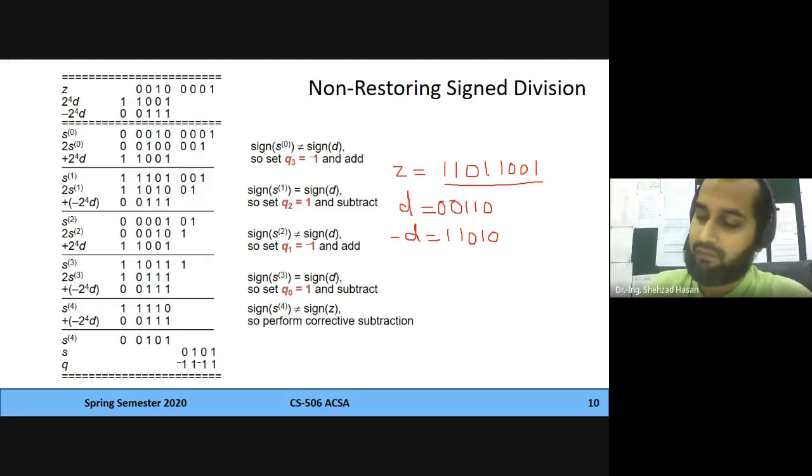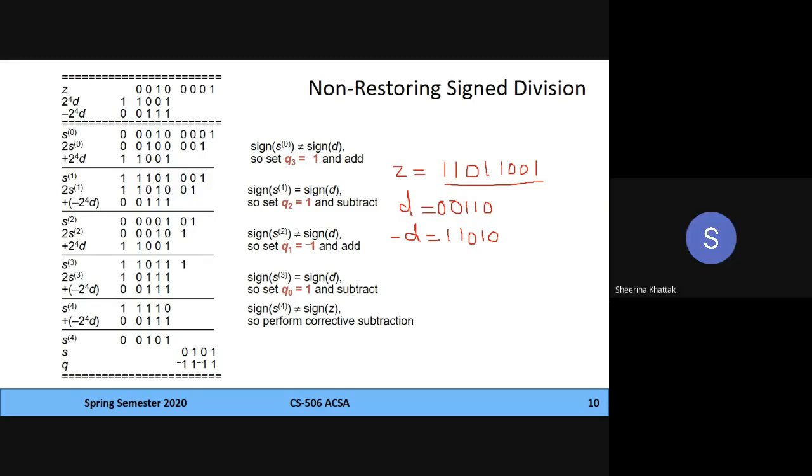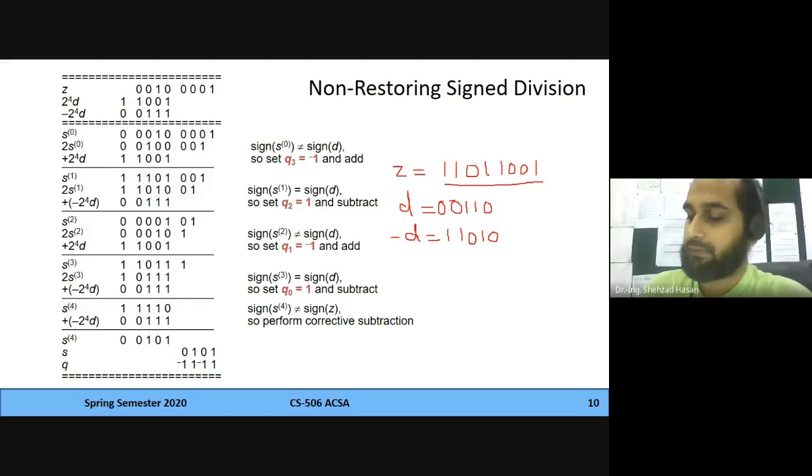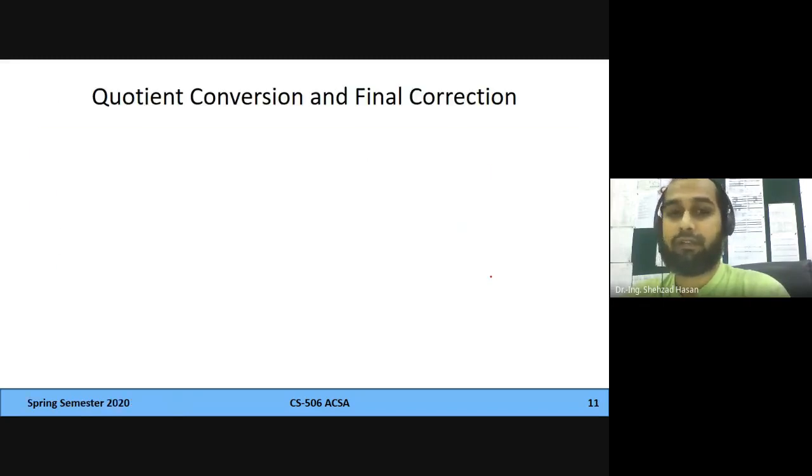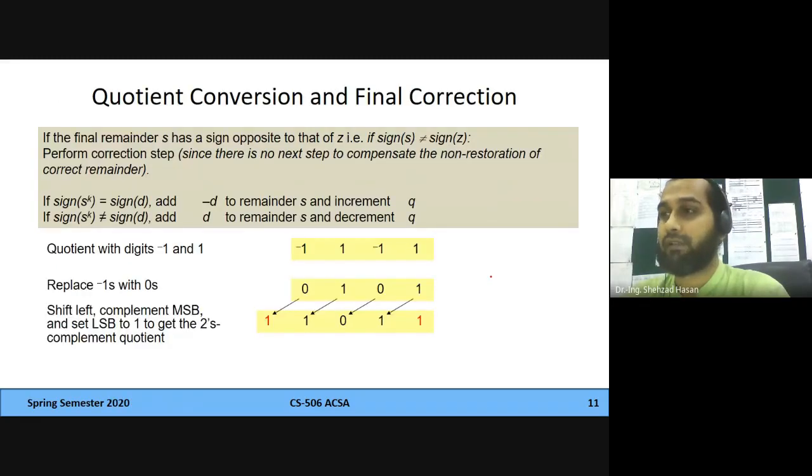So minus 64 plus 25, that would be minus 39 here, right? And we are dividing 39 by 6. So we should get 6 and 3 as the output. Right. So I'm going to go to the correction slide now. So this is your correction slide.